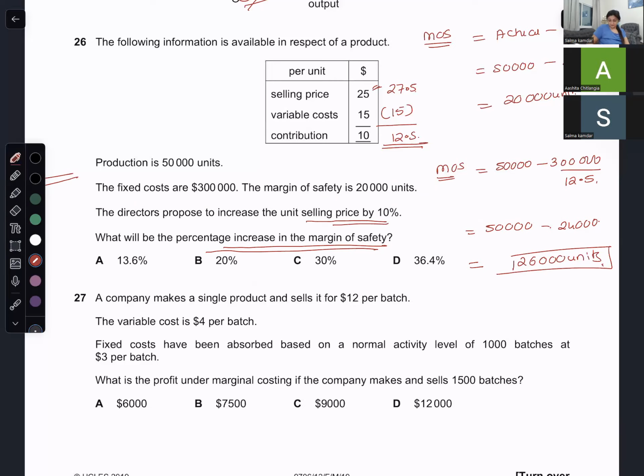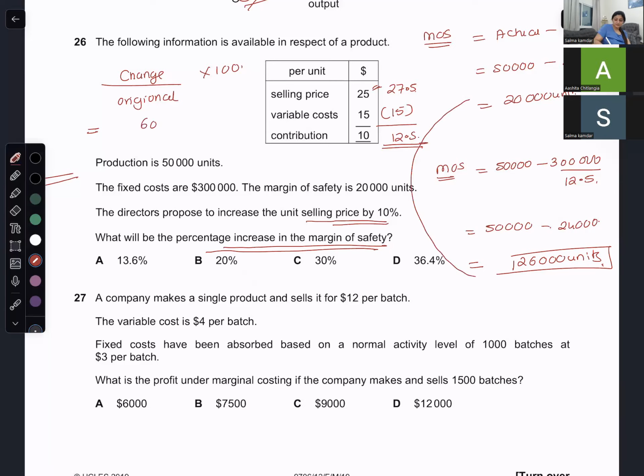26. Percentage increase of margin of safety will be change upon original into 100. So what is the change in the margin of safety units? 6,000.